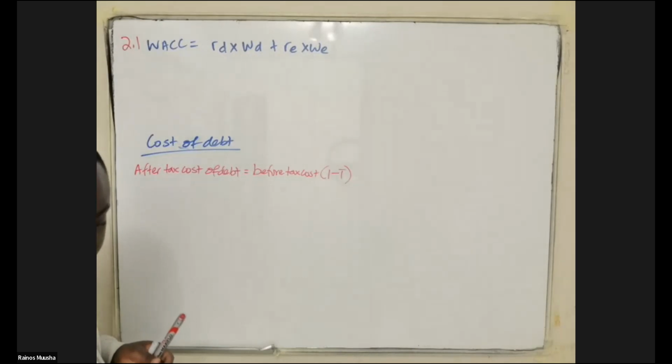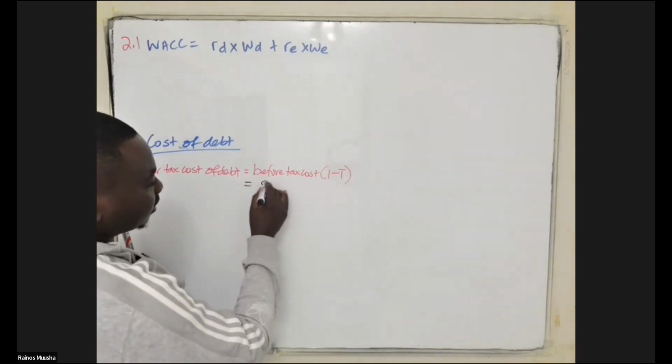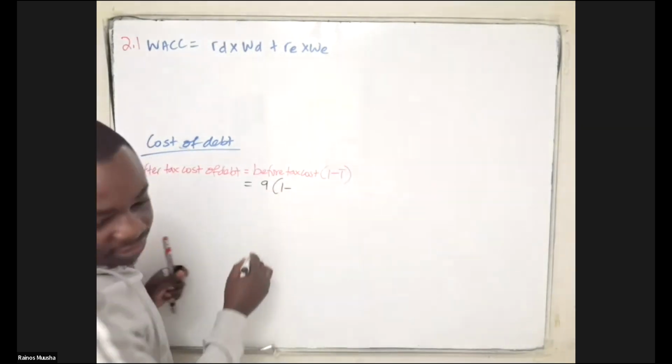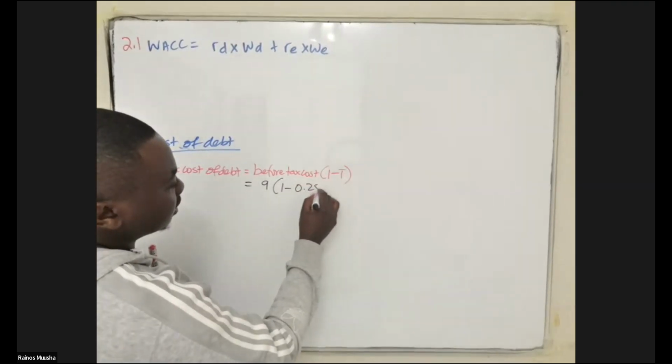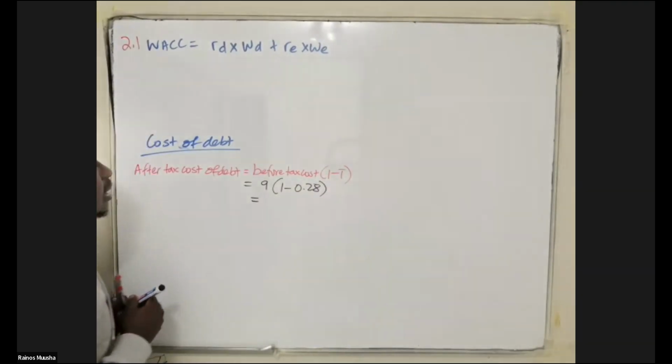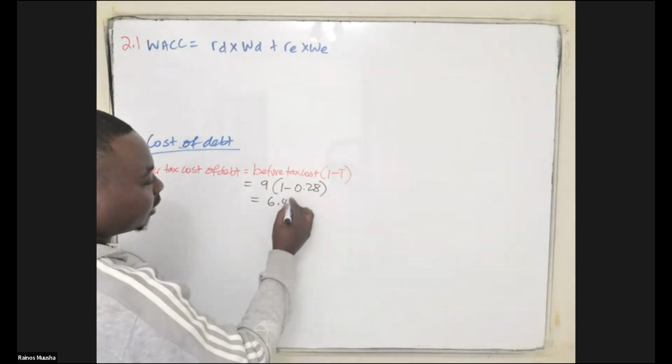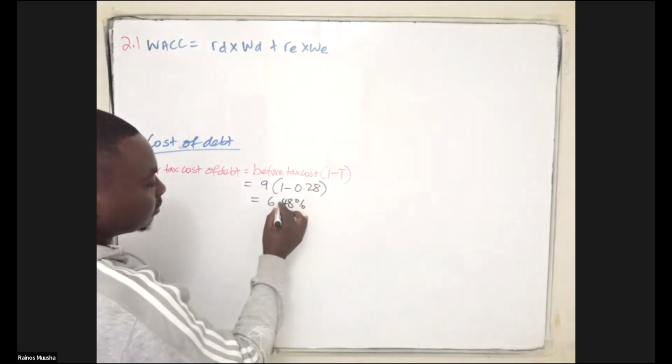So in this case it is going to be equal to the before tax cost of 9% multiplied by 1 minus the tax rate of 0.28. So this will give us the after-tax cost of debt. And you must be able to get a figure of 6.48. Are we getting the same amounts?